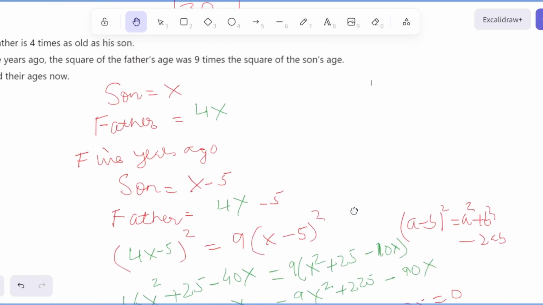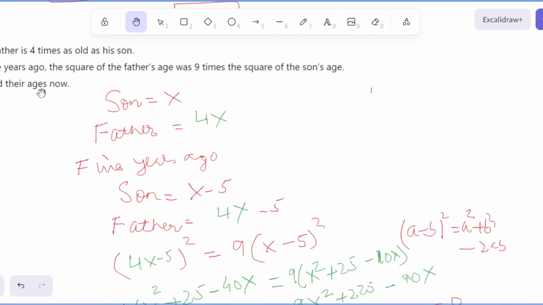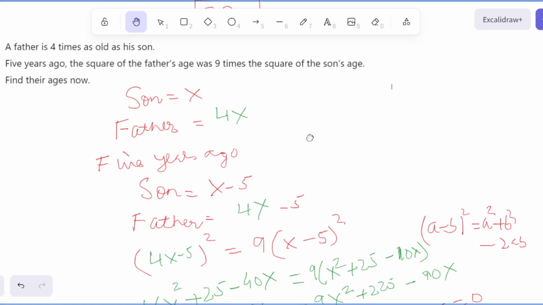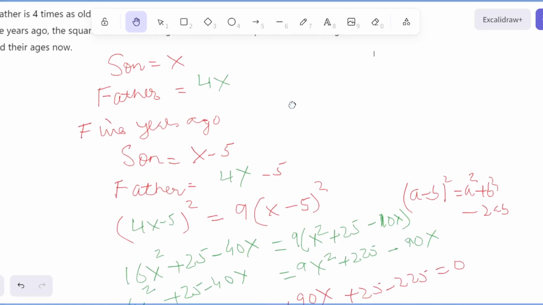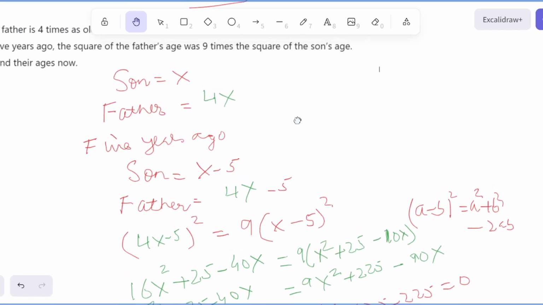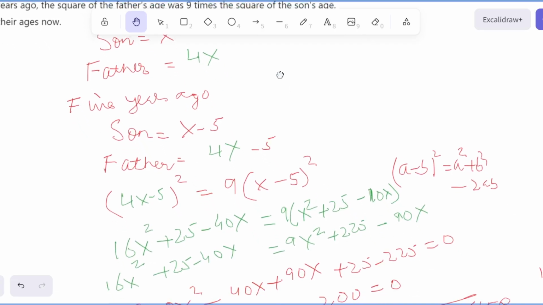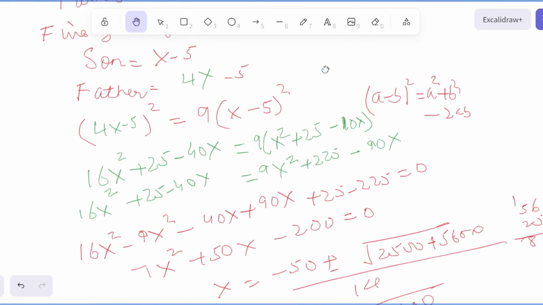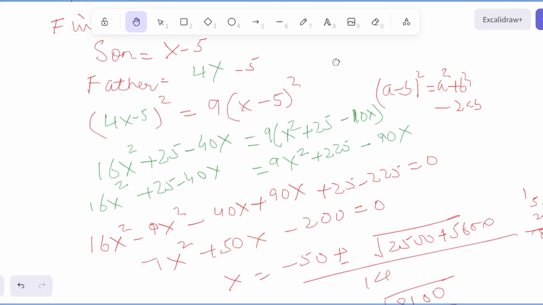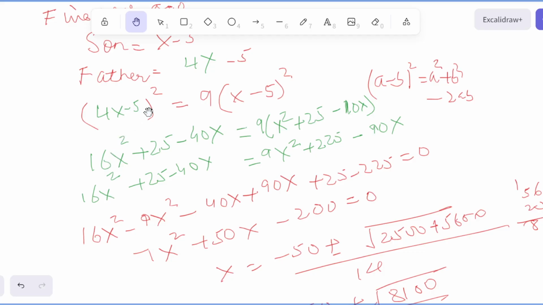So have we done it correctly? That we need to check. So the father was 4 times x minus 5, right? So 4x minus 5 squared is 16x squared, that becomes 25 minus 40 because 5 times 4 is 20, and 20 times 2 is 40. Correct. Here also it is correct, x squared plus 25.